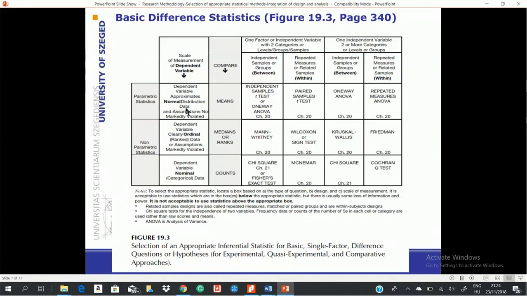You can use the Levene statistic, and for normal distribution data, you can use SPSS as well, like the Shapiro-Wilk test or Kolmogorov-Smirnov test to check whether the data are normally distributed.